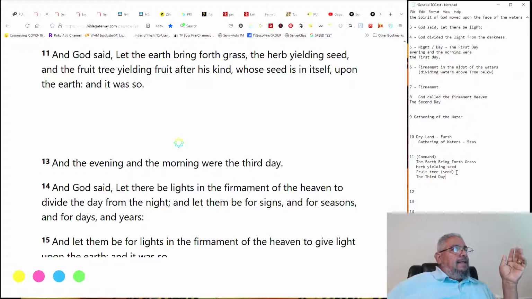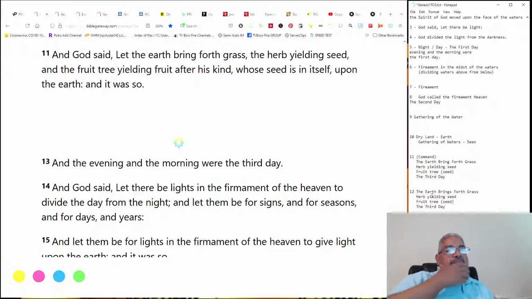But then what I'm going to do is copy it for 12. So what I'm going to do is I'm going to copy that for 12 and keep 12 as the earth brings forth, and the herb yielding the earth.